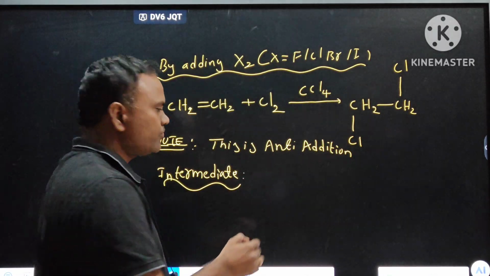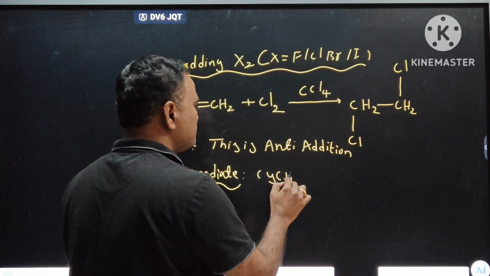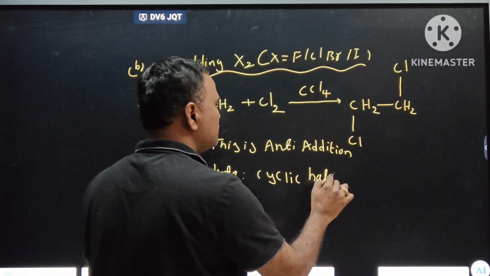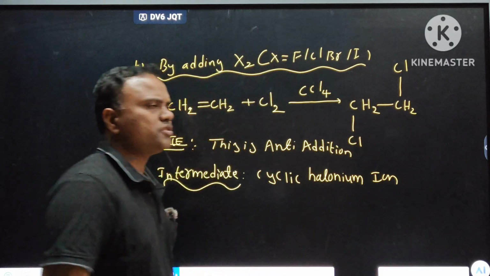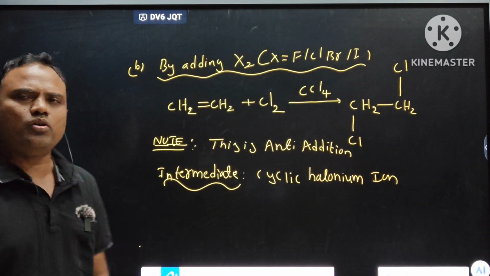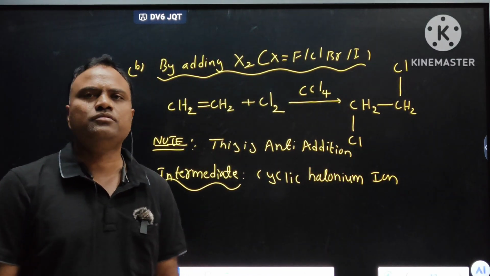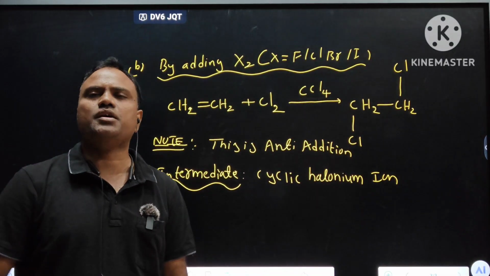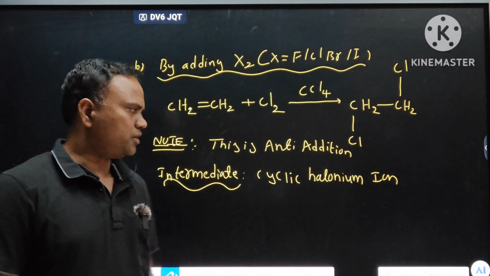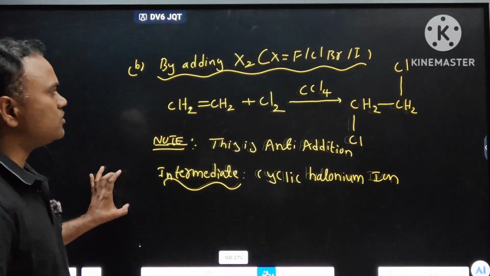The intermediate involved in this reaction is the cyclic halonium ion. Sometimes questions will come: which of the following intermediates is formed in the addition of halogen to alkene? The answer is cyclic halonium ion. Right. I'll give you that structure also.